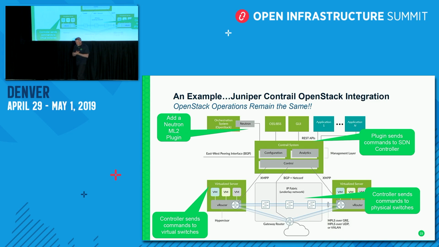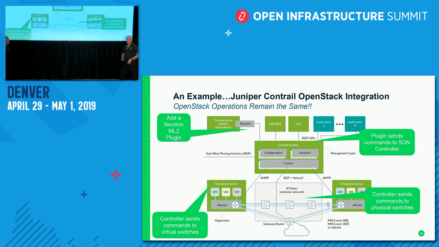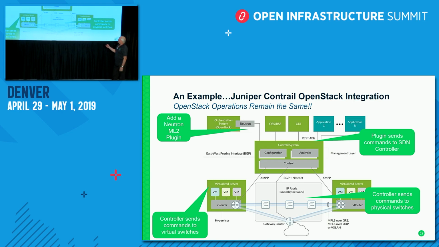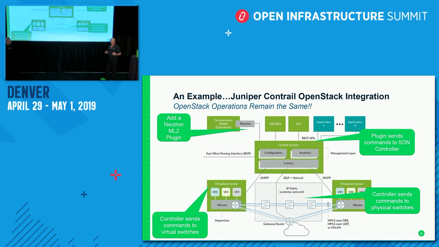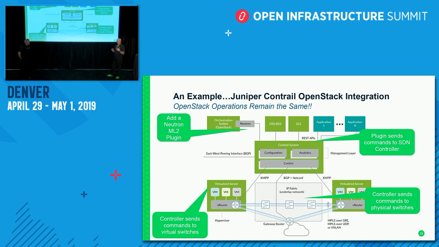Sure. So this is the luxury car. This example is Juniper Contrail. One thing to point out is the way OpenStack is set up, it's pluggable. So even though you're going to use this commercial SDN, the operator from an OpenStack perspective is still interacting with Neutron, its APIs, and its typical operation mode.